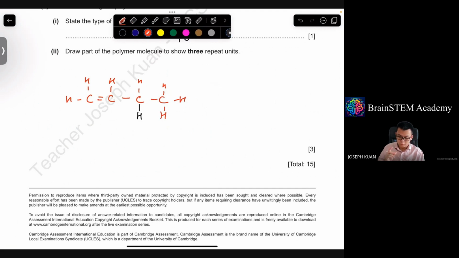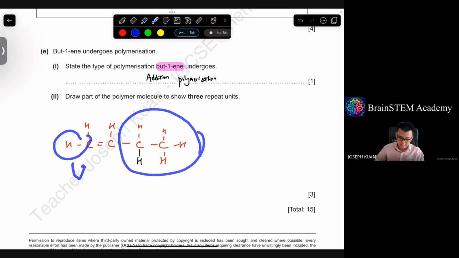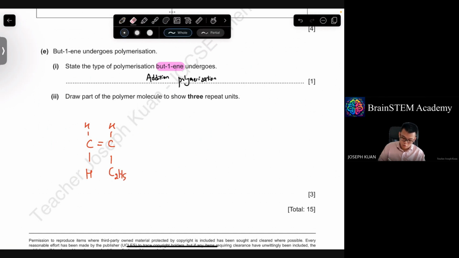This is but-1-ene. For an addition polymerization to be carried out, the other groups must align themselves to a different position, because it's the double bond that will be responsible for the polymerization. So we have to align it to the bottom. This one is C2H5. Let's move it down like this, and then you open the double bond, forming two single bonds, and they want three repeating units.